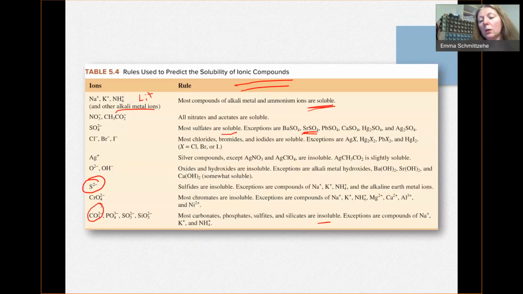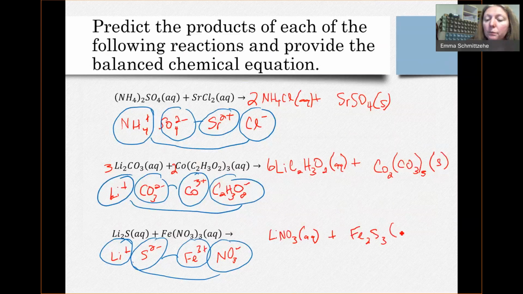Exceptions are your group 1s, ammonium, and group 2 metals, which iron is not. So that's insoluble, so that would be a solid. Okay, and then to balance it, what do we need? We need 2 lithiums. Well, we need 3 sulfurs, so we actually need 6 lithiums, and then 2 irons, and that gives us 6 nitrates and 6 nitrates. So then that would be balanced.